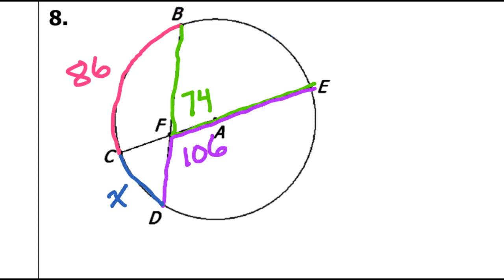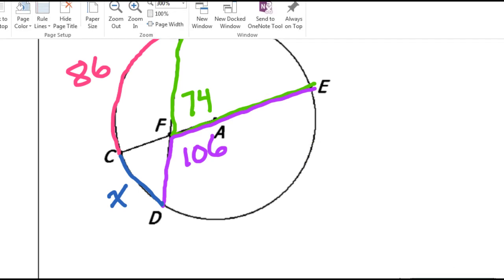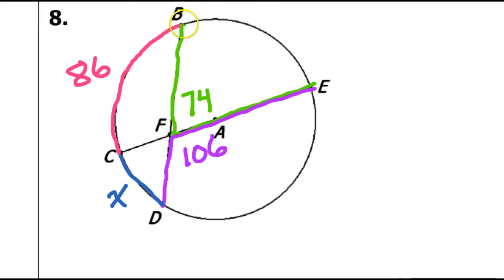So that is what I'm going to do. If I do 180 minus 86, this should be 94. Okay, so that tells me that this arc right here is going to be 94.